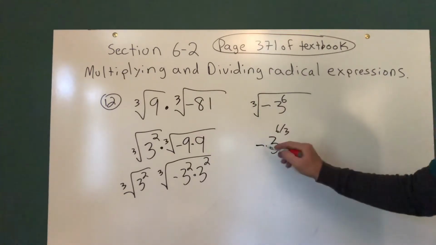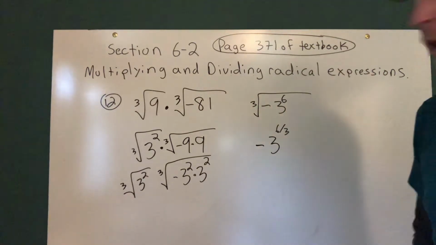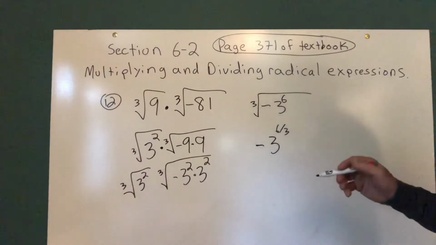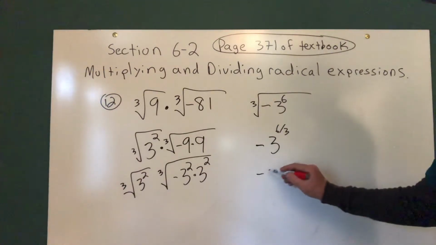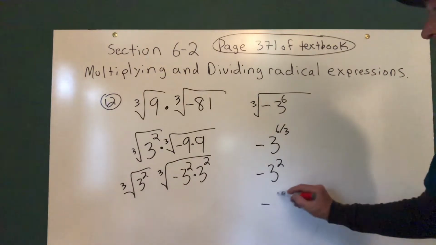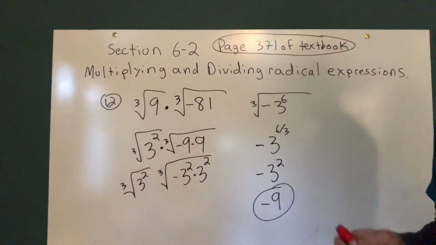This, of course, is just like negative 1, and you can make negative 1 to the 1, negative 1 to the 3 is 3 over 3, still the same thing. We would have negative 3 to the second, which, of course, is just negative 9.